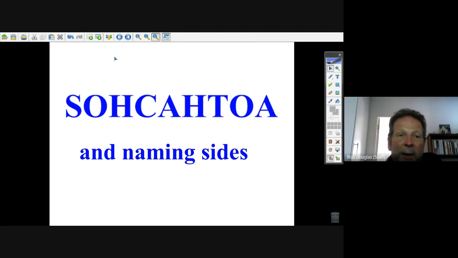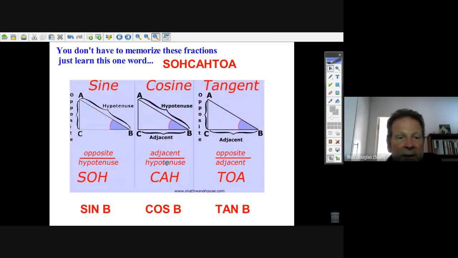You just have to be able to name the sides opposite, hypotenuse, and adjacent, and you'll know what trig function you're looking for.